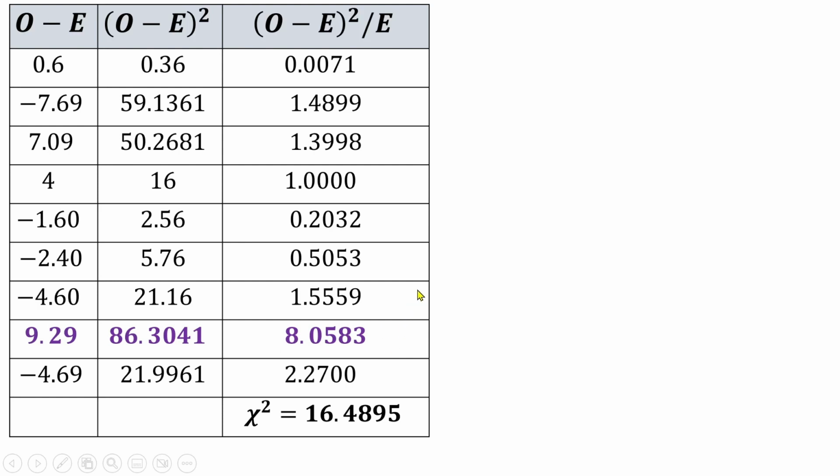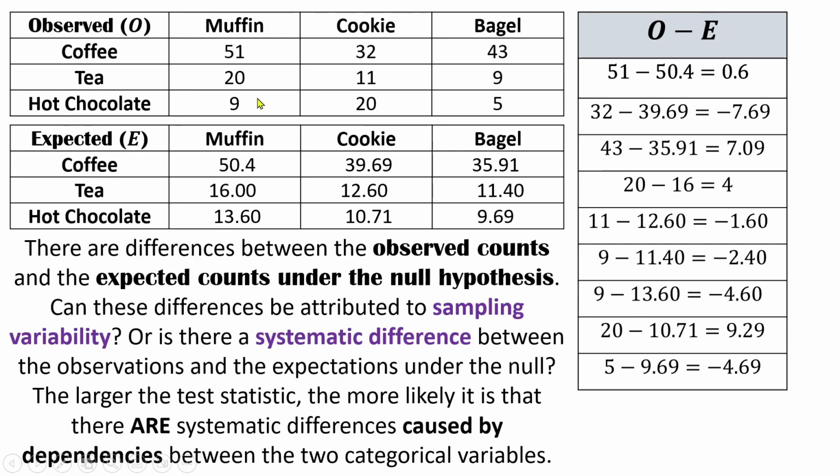If we just go back for a second and look at the table, you can see for this combination, where is it? Here it is, cookie and hot chocolate. Under the null hypothesis, we would expect to see about 11 people ordering this combination, but what do we observe? 20 people ordered that combination.